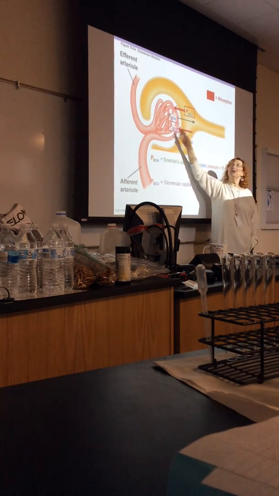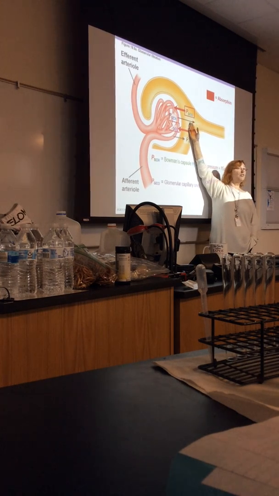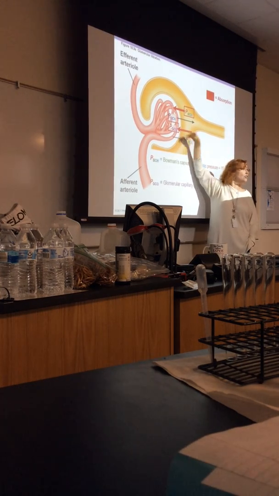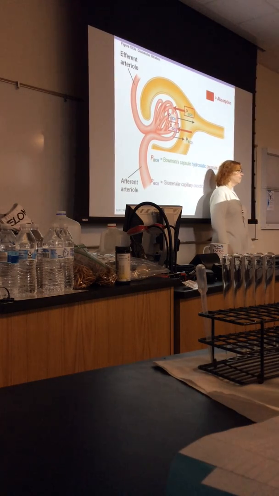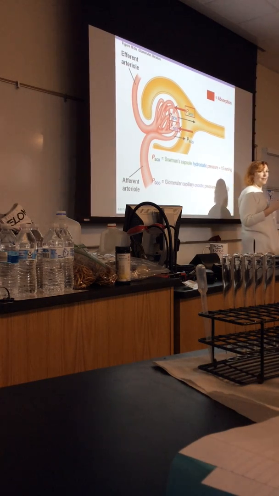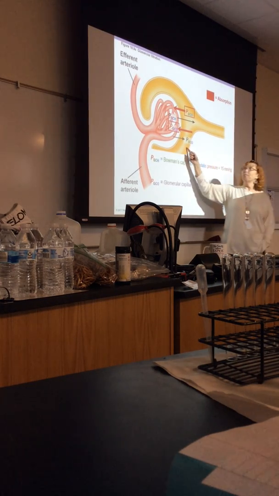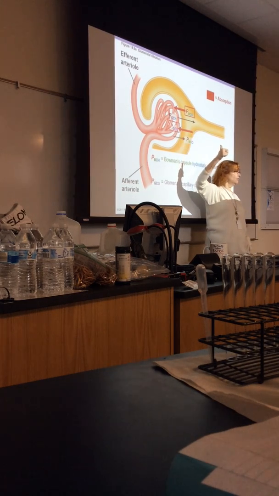If I pushed out here with 60 millimeters of force and that fluid stayed right here and the tubules were the same size, it would be 60 and 60. But one, these aren't the same size. These are bigger than this, so there's less pressure.